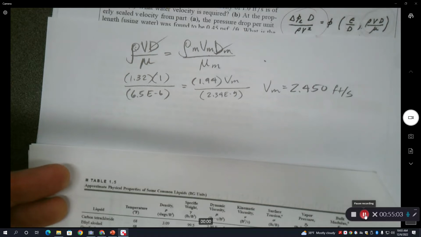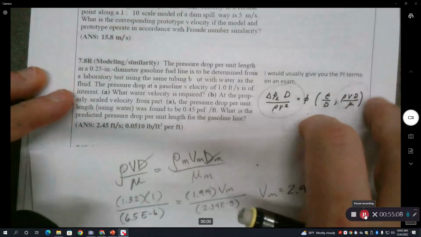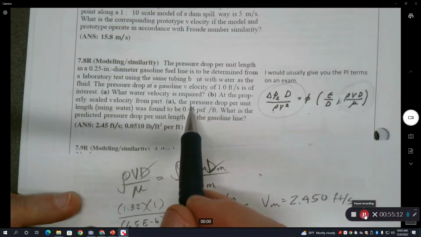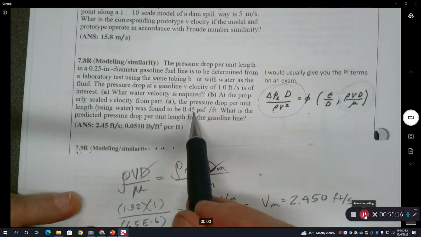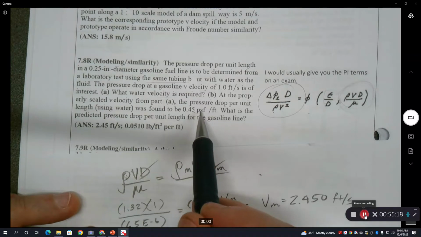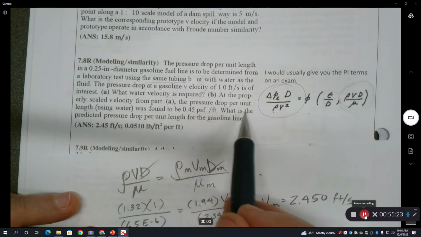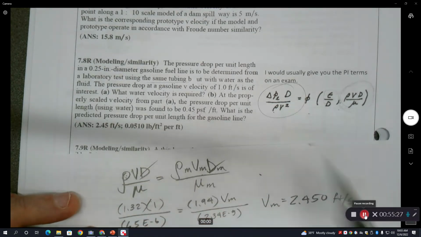And then the next part of the question asks: at the properly scaled velocity for part A, the pressure drop per unit length was found to be 0.45 pounds per square foot per foot. What is the predicted pressure drop per unit length for the gasoline line?